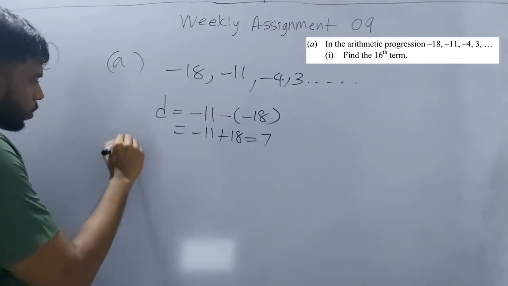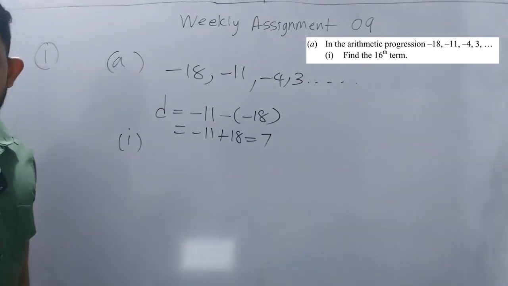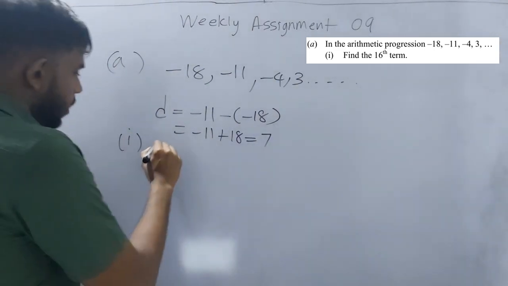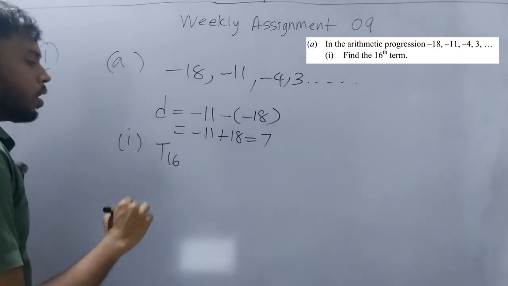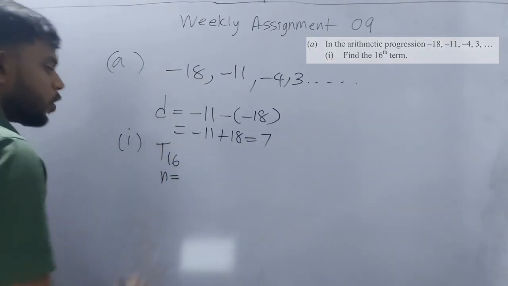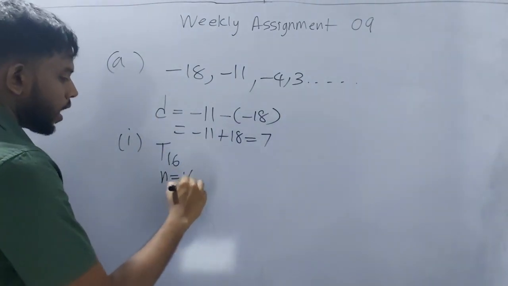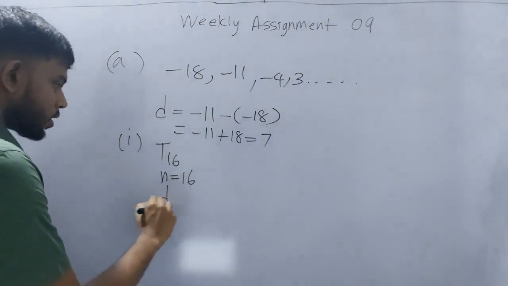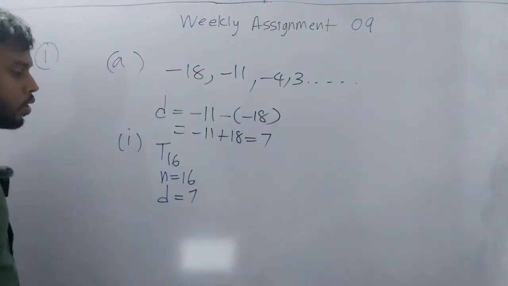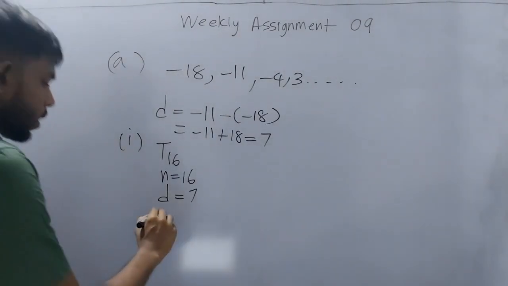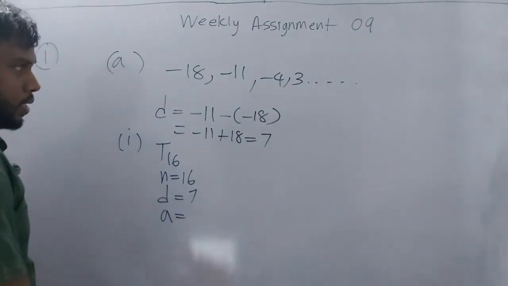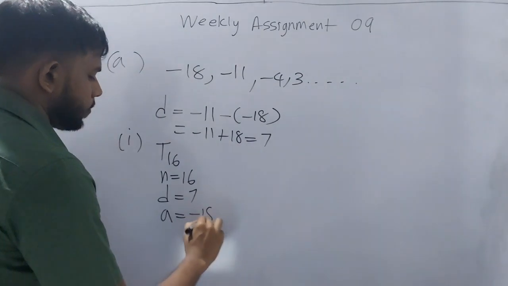So in Roman number 1, they are asking you to find the 16th term, that means T16. So now you know the value of n. They are asking for the 16th term, so n is equal to 16. Common difference we found, common difference is equal to 7. Another thing we know is the first term, which is minus 18.